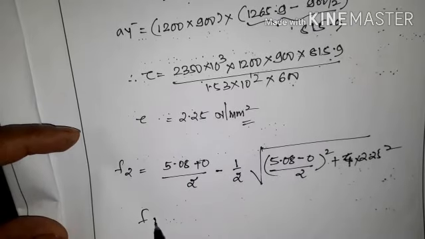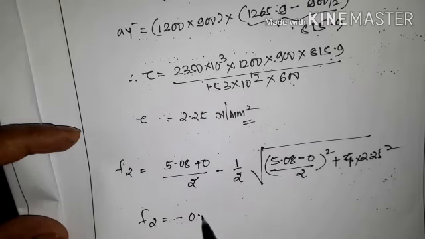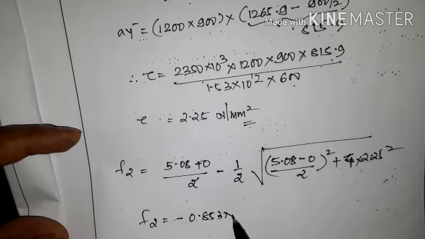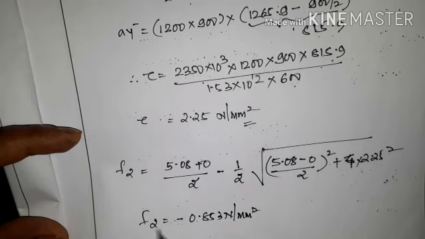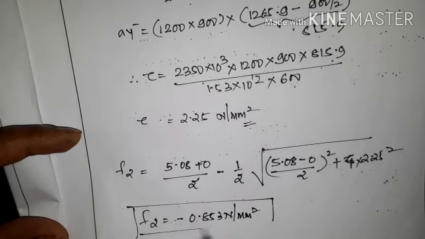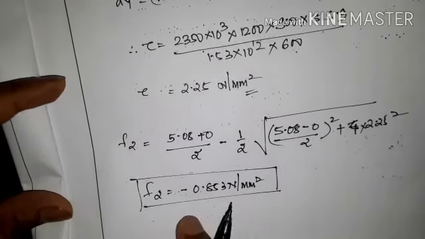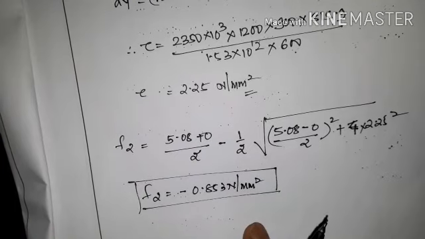So we will get F2 equal to minus 0.853 Newton per mm square.